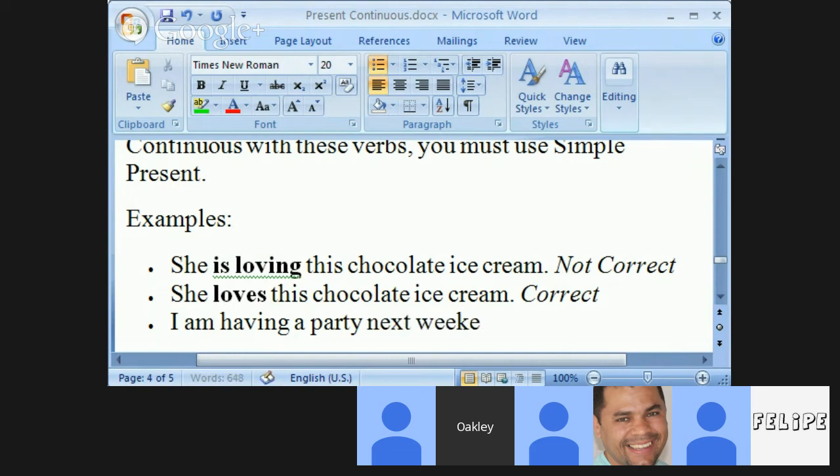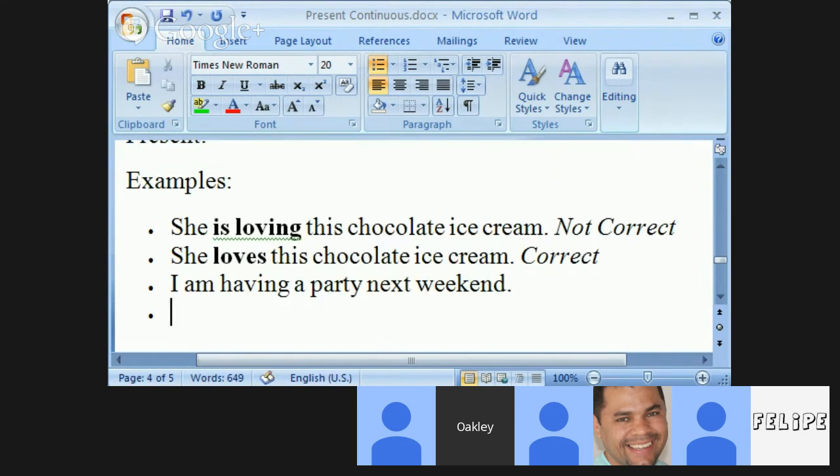Okay, here we are showing, as we already looked at, that this is a plan in the near future. Super. I am hosting a party. I am holding a party next weekend. But I cannot say I am having a new car. This will not work. Nope. I have to say I have a new car. I cannot use present continuous.